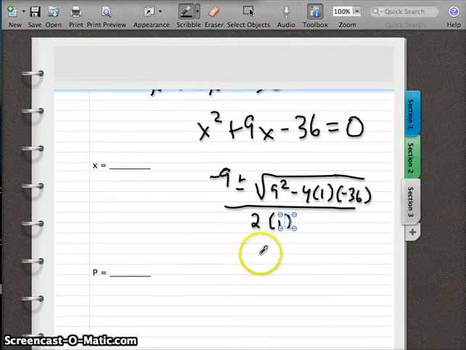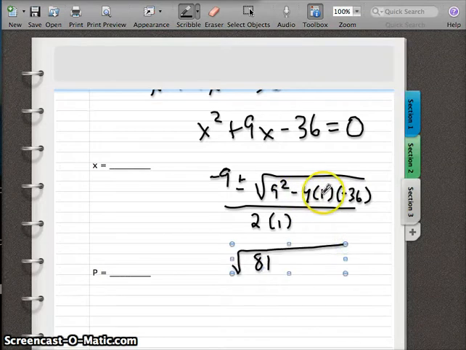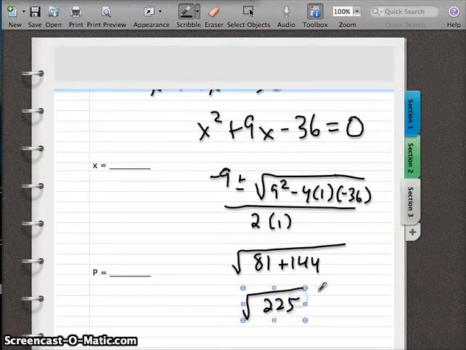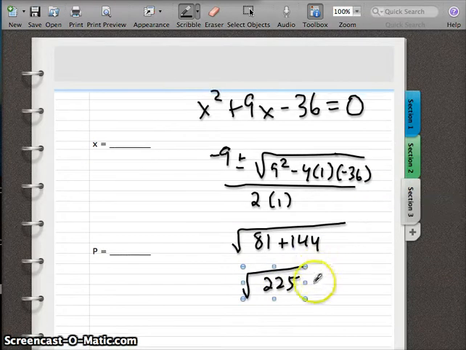So we get 9 squared, that's 81. Negative 4 times 1 is negative 4. Negative 4 times negative 36 ends up being positive 144. If we add these two together, we get 225. And this ends up being a perfect square, and the square root of that is 15.